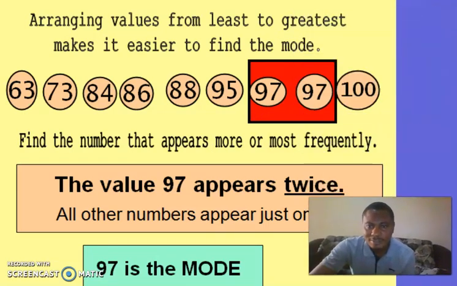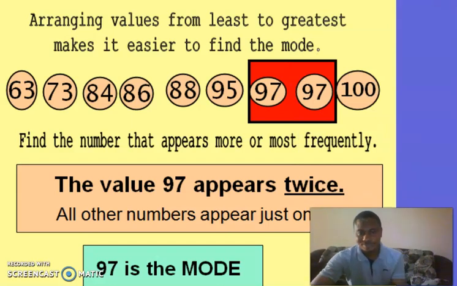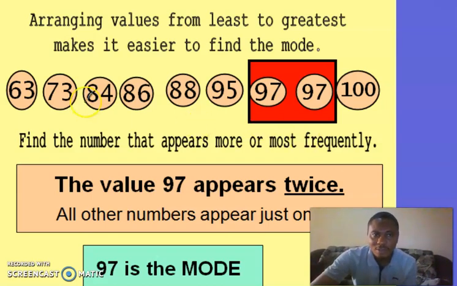We look at the mode. And when we're talking about the mode, we're talking about the number that appears the most, or the data that appears the most. Now, if we look at this set of numbers, we discover that 97 appears twice, while all the others appear once. So the number that appears the most is known as the mode.